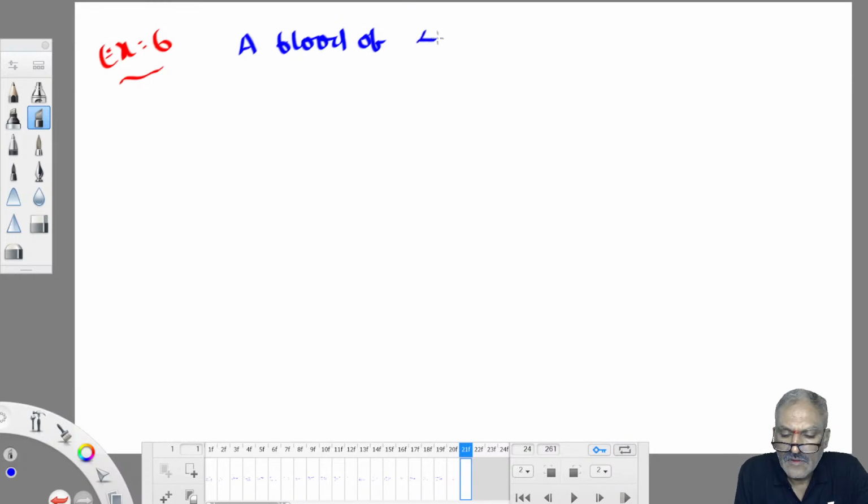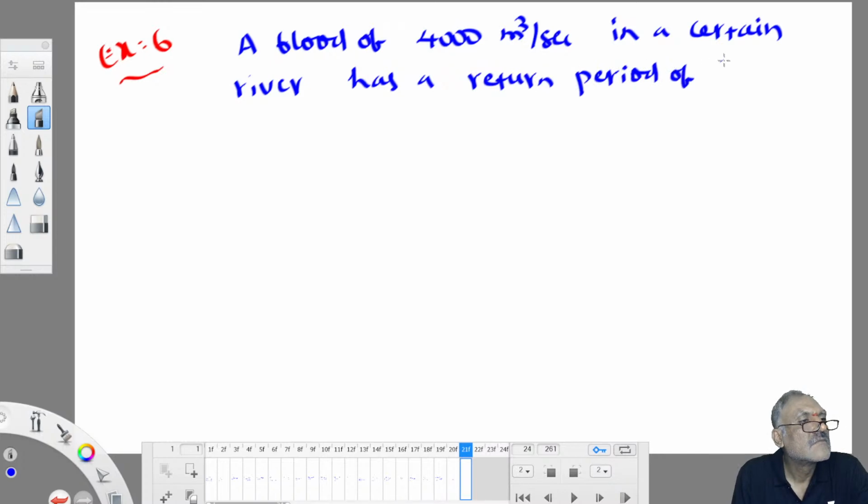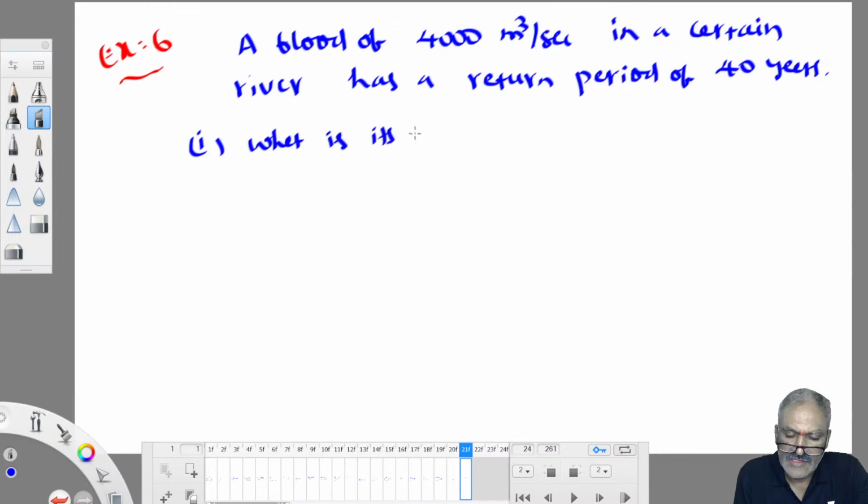A flood of 4000 meter cube per second in a certain river has a return period of 40 years. First question is, what is its probability of exceedance?